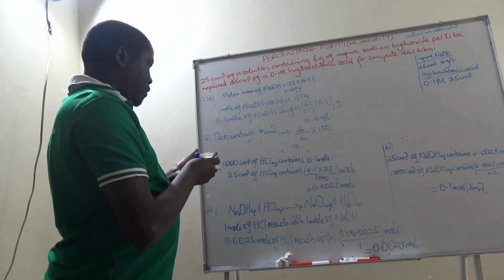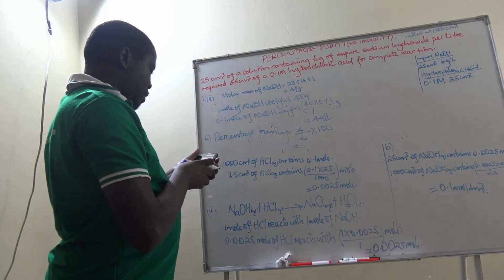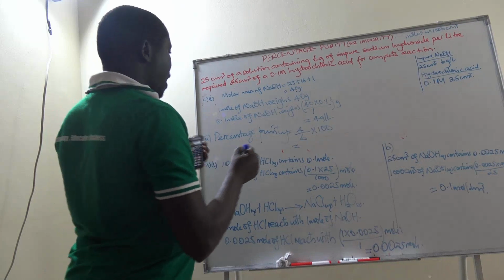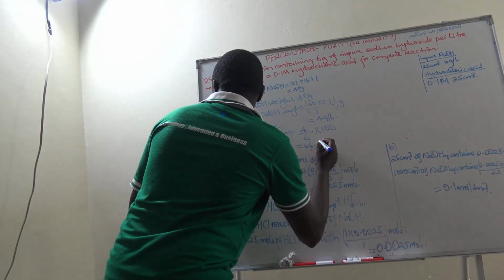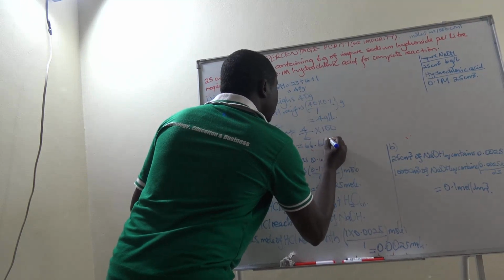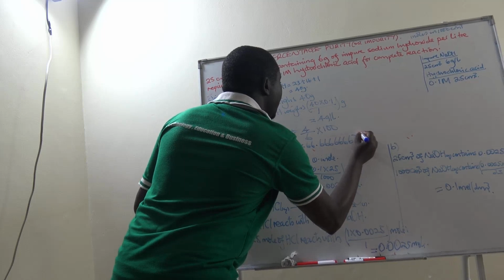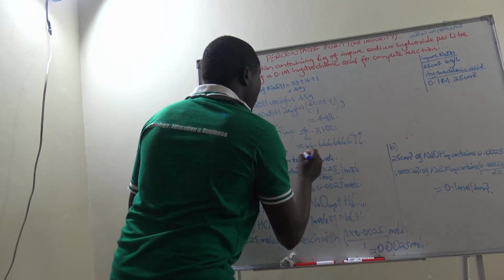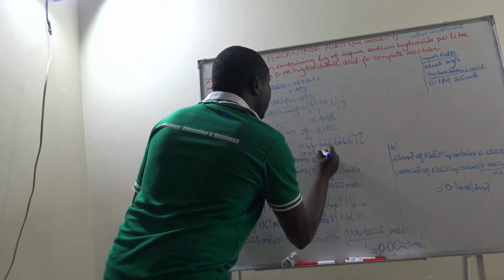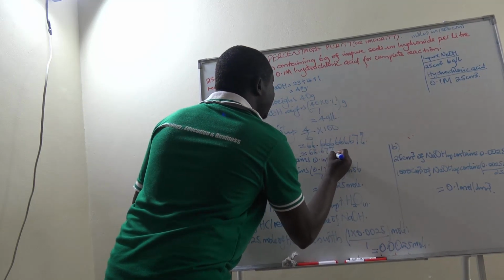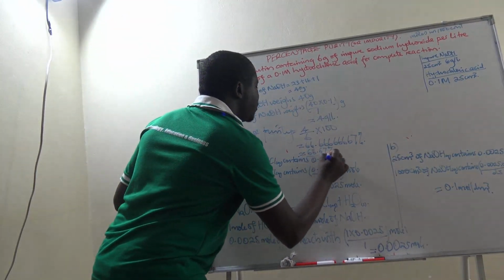That is 4 over 6 times 100, and we have 66.66667%. This is the answer, which is approximately 66.67 to 2 decimal places, since we have chosen to do so, and that is our percentage purity.